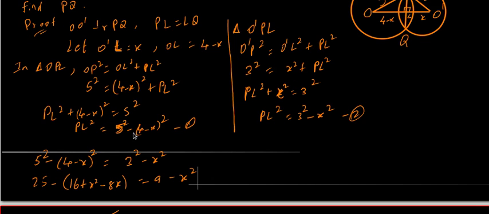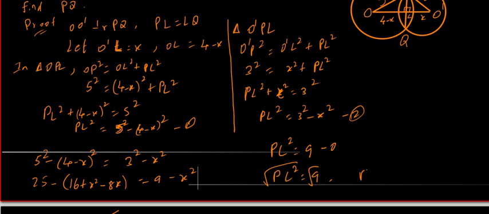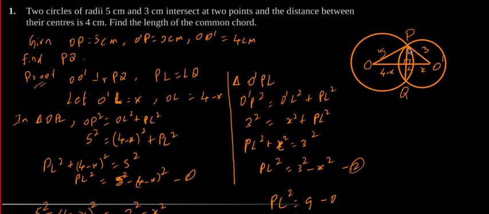So let me substitute this x value in this equation, so that we will get PL square equal to 3 square, which is 9, minus x square, which is 0. So PL square equals 9. That means if we take the square root on both sides, we will get PL equal to 3 centimeter. It is given in terms of centimeter only. So PL is 3 centimeter.